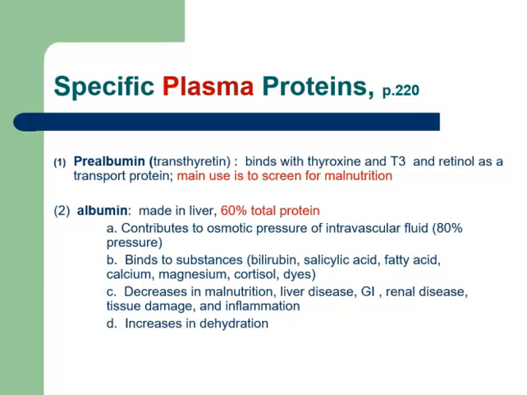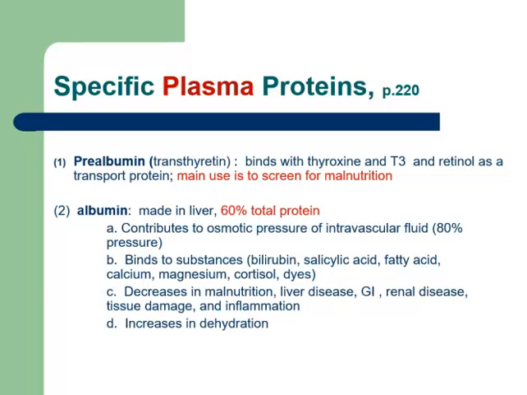Our albumin contributes to the osmotic pressure of our intravascular fluid. It contributes to about 80% of the pressure. Remember, we talked about in part 1, if there's a decrease in protein, that ends up equaling a decrease in osmotic pressure, which can lead to that swelling or edema.